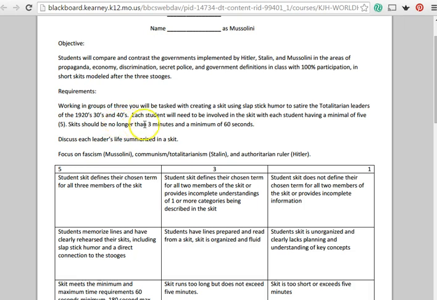Skits should be no longer than 3 minutes and a minimum of 60 seconds. Discuss each leader's life summarized in a skit. That could be an option. Focus on fascism, communism, and authoritarian rule. We're looking at the difference between fascism and communism, and then authoritarian rule. And each of these guys kind of has their own brand of how to do this.